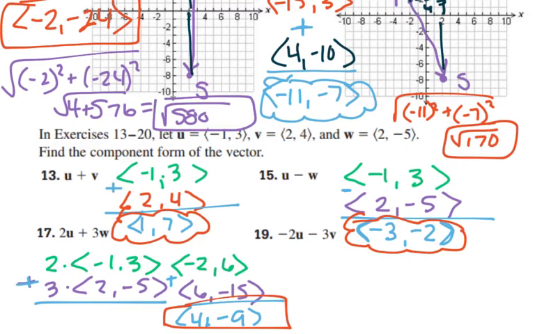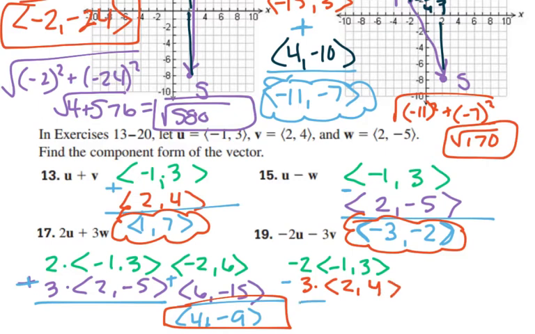And then the last one, let's see, negative 2 times negative 1, 3 as our u vector. And then we're going to subtract 3 times our v vector. And the v vector is 2, 4.